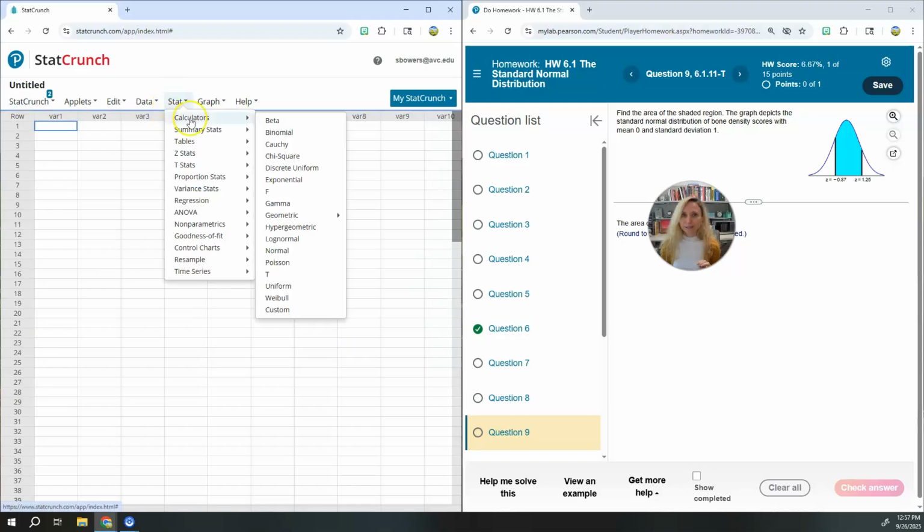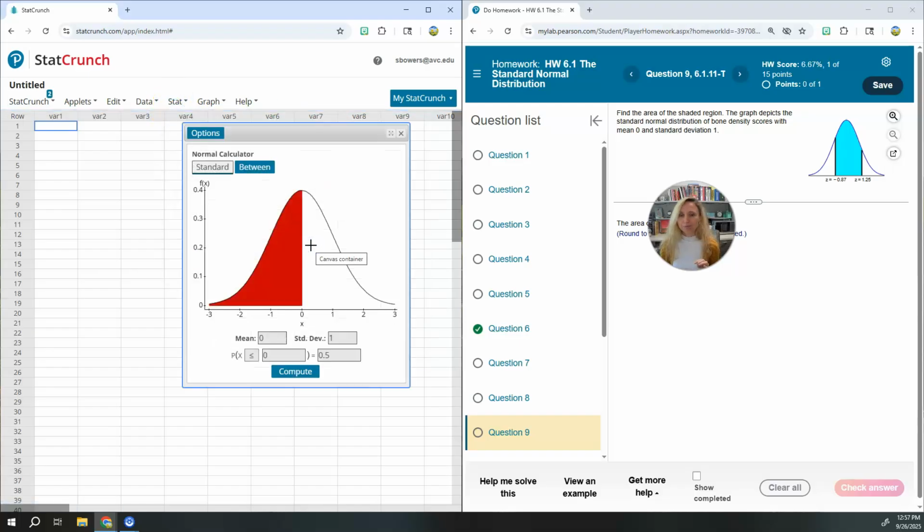Let's go to Stat, Calculators, Normal. Again, we are looking for the area in between the z-scores, so click Between. We don't have to modify mean and standard deviation. Mean is 0, standard deviation is 1 for standard normal distribution.